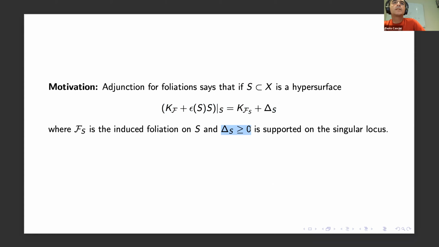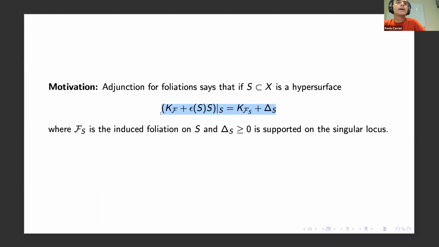It measures how singular the objects are. Now, of course, for Shokurov, he only cares about the singularities of the varieties. Here we need to look at the singular locus, also of the foliation. But modulo this technicality, all we care about is that Delta_S is effective. In other words, we can apply induction. In our theorems, whichever theorems we want to prove, and we'll see some later on, we can apply induction.